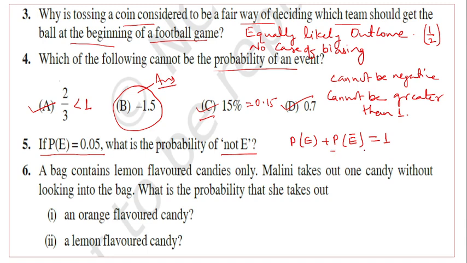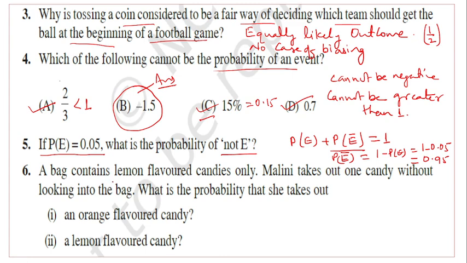So from here we can find the probability of the event which will not occur is equal to 1 minus P(E), which is 1 minus 0.05. So what will it be? 0.95.